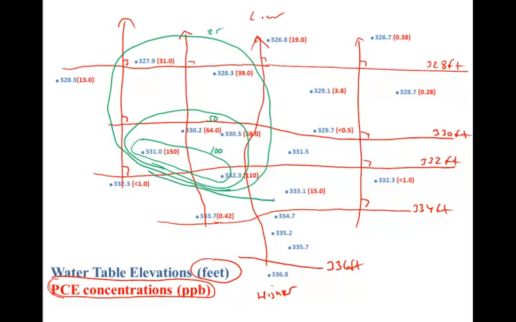I'm going to swing out and get this point here. Need to get that point as well, and that point over there. That was 10 ppb. Let's draw a 1 ppb contour.